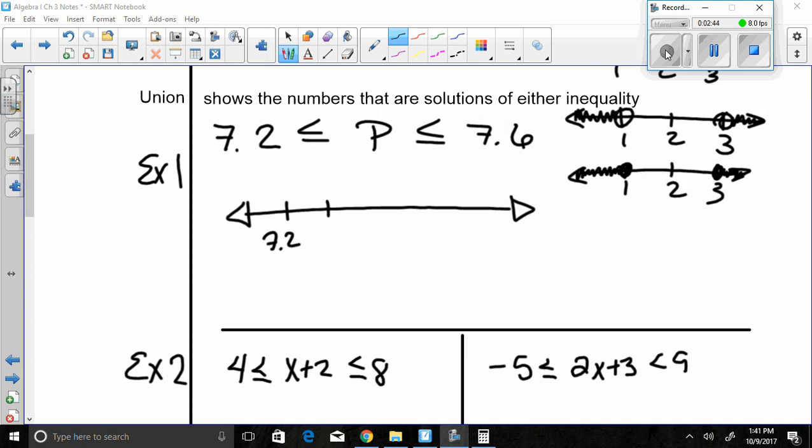We have a decimal in here, so now we can do 7.3, 7.4, 7.5, 7.6. So if we were to graph that, since it's less than or equal to, it has to be equal here to 7.2 with a closed dot, and 7.6. And because it's between 7.2 and 7.6, that and statement has to be here, so between the two.